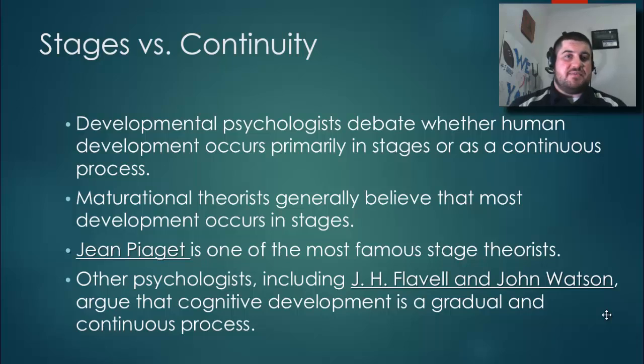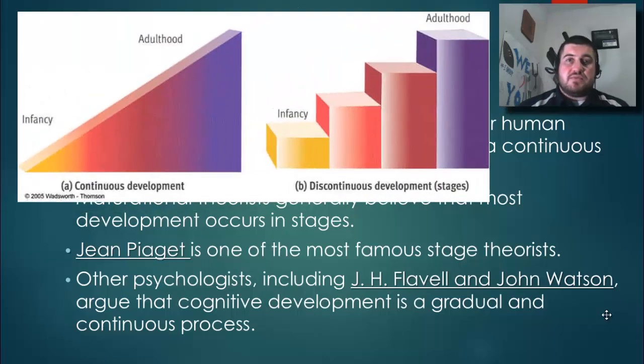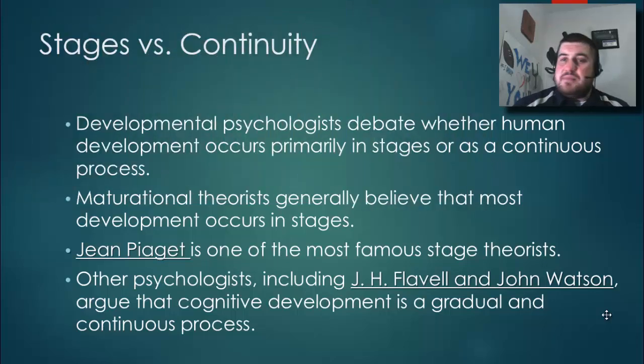Lastly, psychologists debate on whether or not development happens in stages or whether it is a continuous process. As in, think of stages as steps and continuous as a straight, upward line. And so developmental psychologists debate this because we don't know. It's two theories, and either one could be correct.